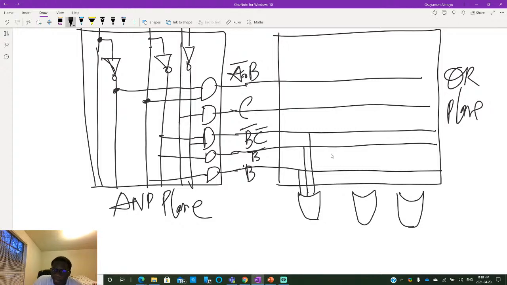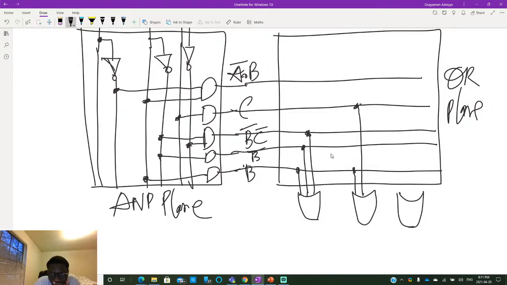And then for this, let's say we have B or C. And then same, you would have connections here indicating these, and then for these as well.